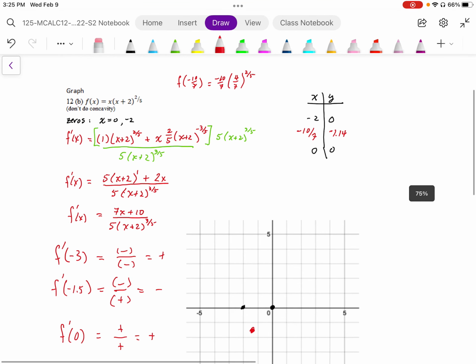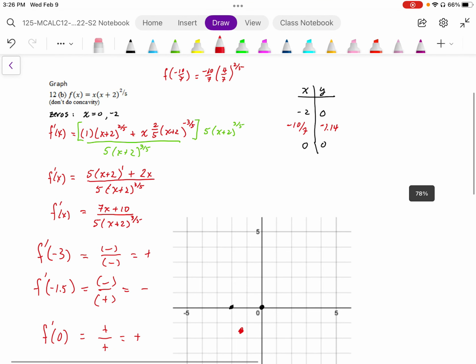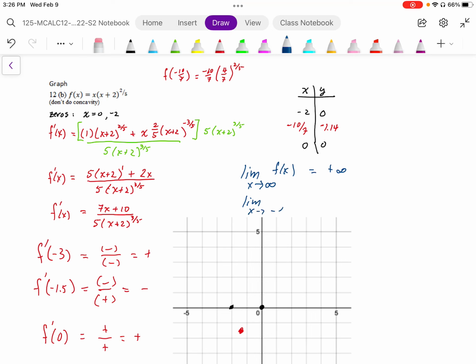Okay, so I can then pretty much do the graph at this point. I should maybe do endpoint analysis. The limit as x approaches infinity of f of x is going to be positive infinity. The limit as x approaches negative infinity of f of x is going to be negative infinity.